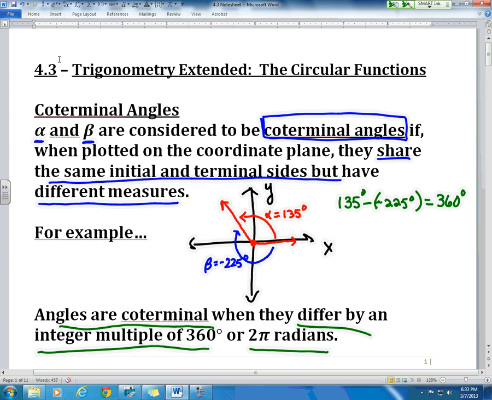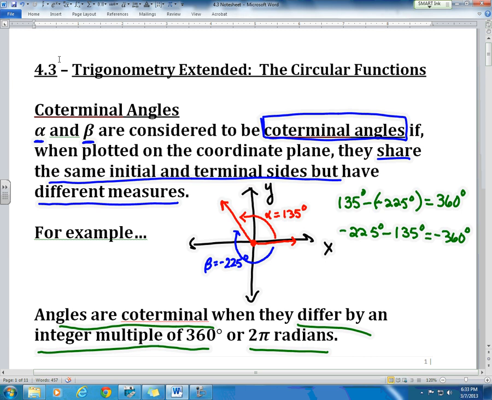Even if I went in the other direction, negative 225 degrees minus 135 degrees, that will give us negative 360. That's still an integer multiple of 360 degrees. So they'll always differ by either 360 degrees, 720 degrees, 1080 degrees, and so on and so forth, or their negative counterparts if you were doing it in the reverse order.